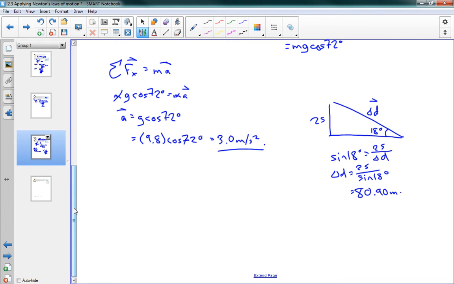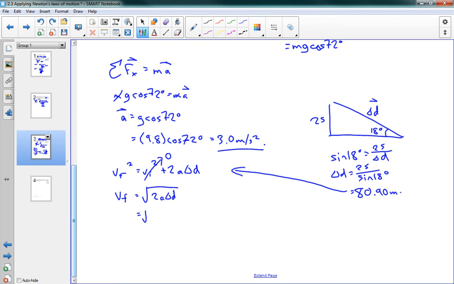Perfect. And then I take this value back over here, and I can use my equation. I'm just going to use my kinematics equation. I want to find the final velocity, and I know the initial velocity is 0, and I know acceleration and displacement. Perfect. So vi squared plus 2a delta d, and this whole thing is just equal to 0. So now I can say that vf is equal to the square root of 2a delta d.